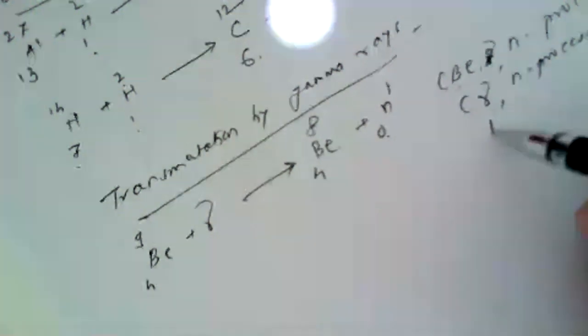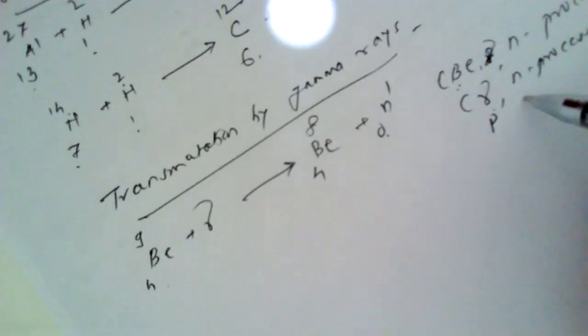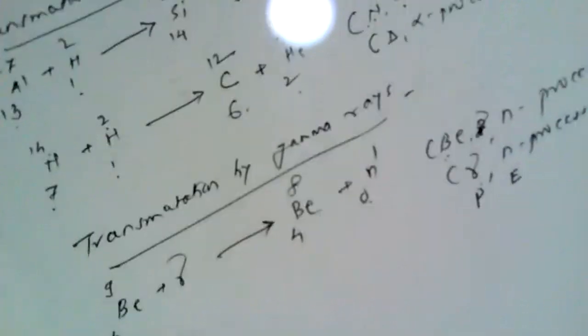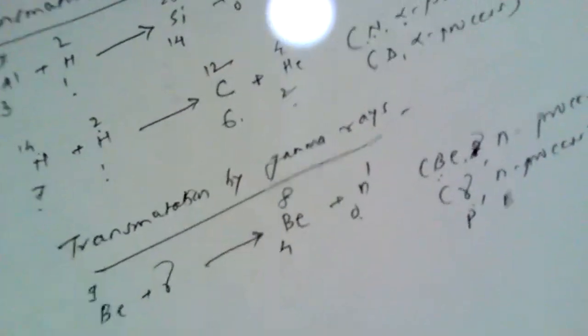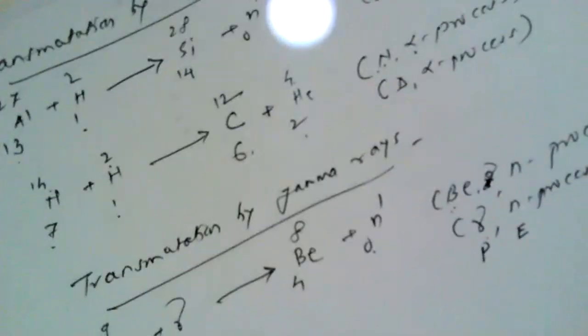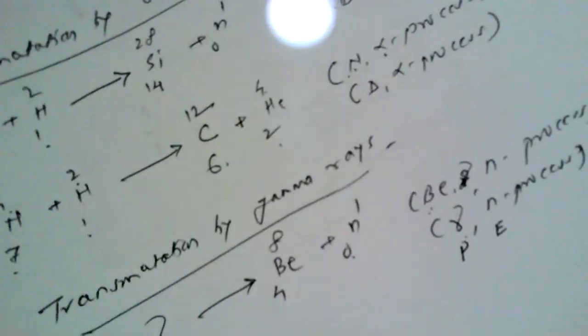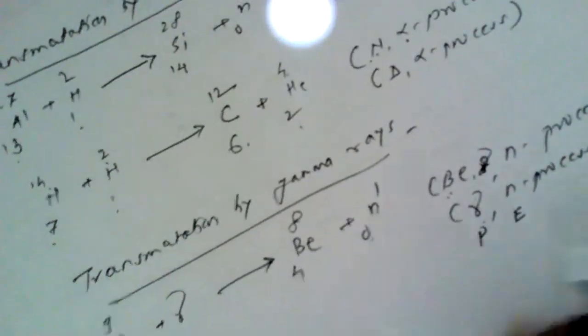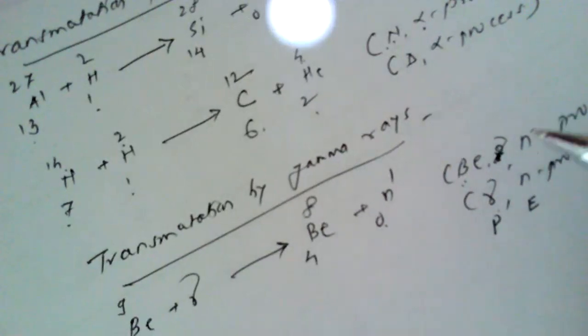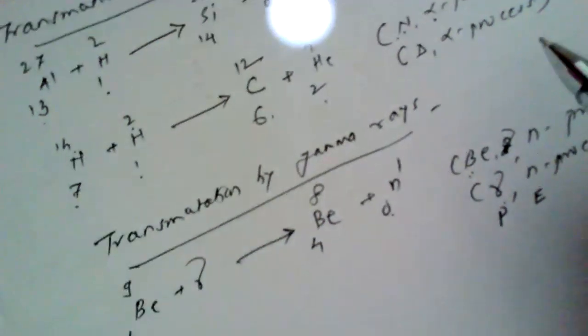Here gamma is the projectile, n is the ejectile. So in every reaction we have followed the same procedure: while writing in Bethe notation, we write first the target nucleus, followed by the projectile and the ejectile. This is how we can easily write the nuclear reaction.